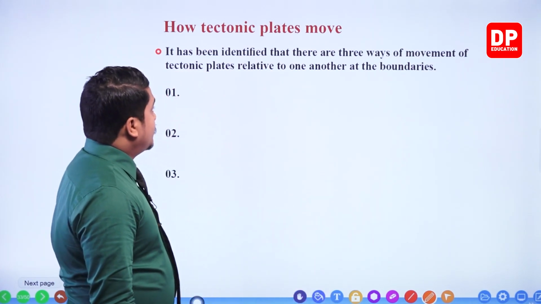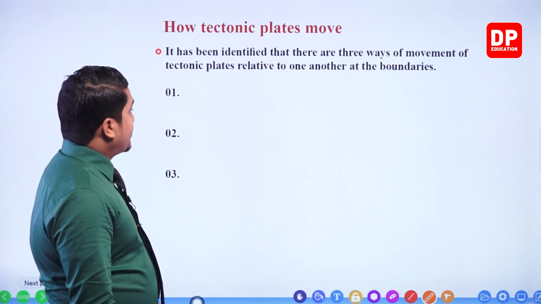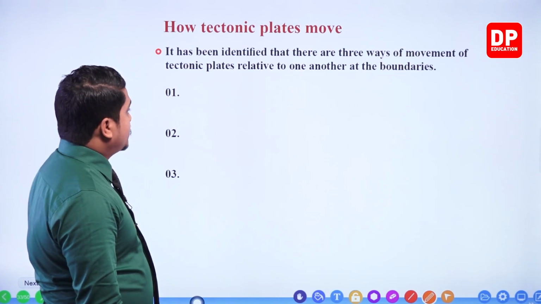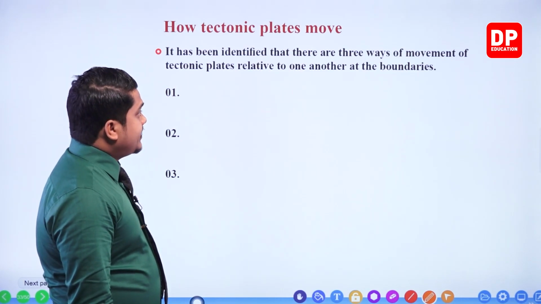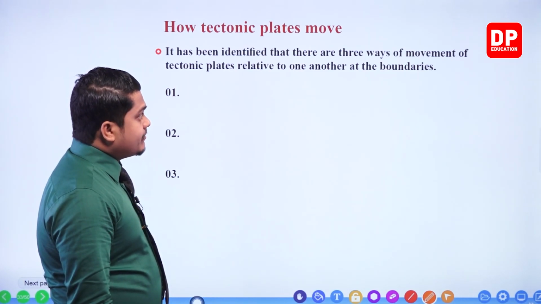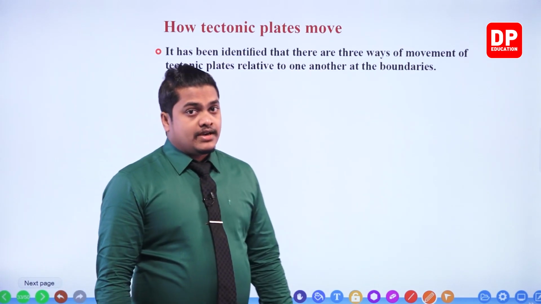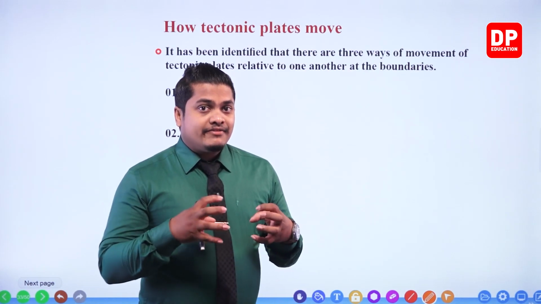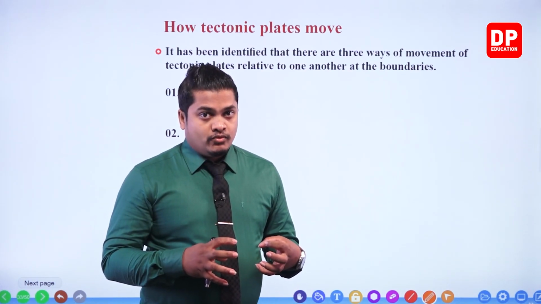Okay. So how do tectonic plates move? It has been identified that there are three ways of movement of tectonic plates relative to one another at boundaries. So near the boundaries, there are three ways in which the tectonic plates can move. So we'll be identifying those three movements then.